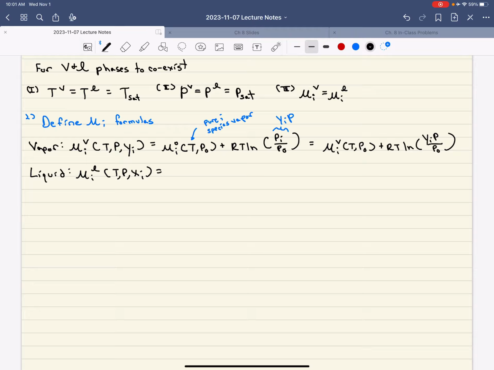Similar to the vapor phase, for the standard state chemical potential, we're going to write it for the pure liquid species I. And then we have our entropy of mixing term, which for liquid is RT ln of xi. So those are our chemical potentials for the vapor and the liquid phase. We now move on to our third step, which is to apply our equilibrium criteria.